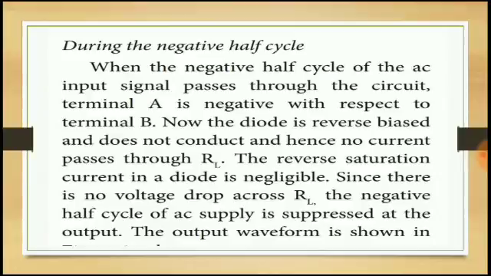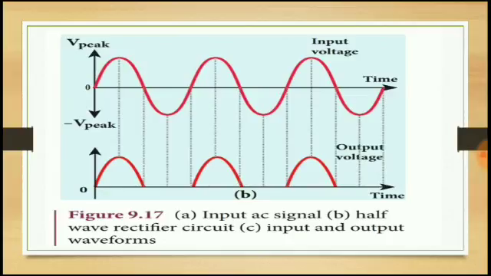And see this half wave rectifier input and output. The diagram is very important, therefore we should draw the diagram. See, this is the input signal, with the positive half cycle and the negative half cycle.